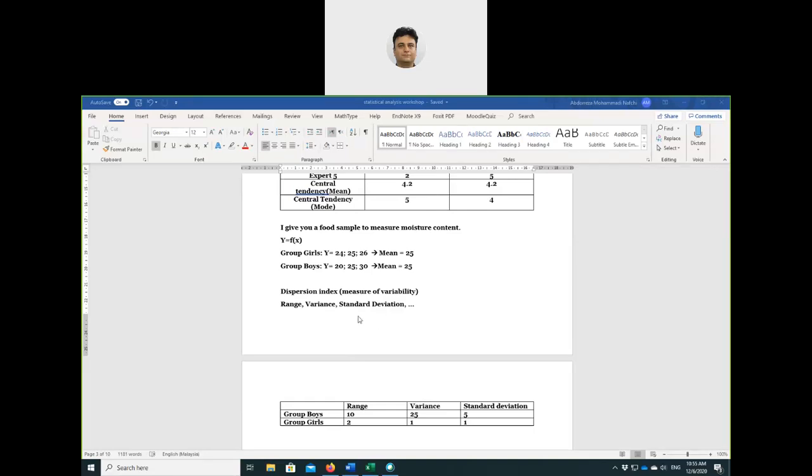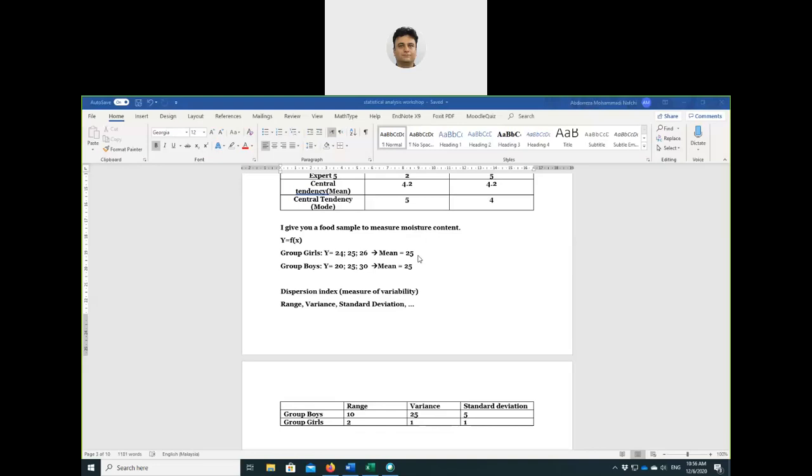Mostly the standard deviation is the best dispersion index that we commonly use. Now you can report that the girls reported 25 by 1 unit of standard deviation, and the boys group reported by 5.